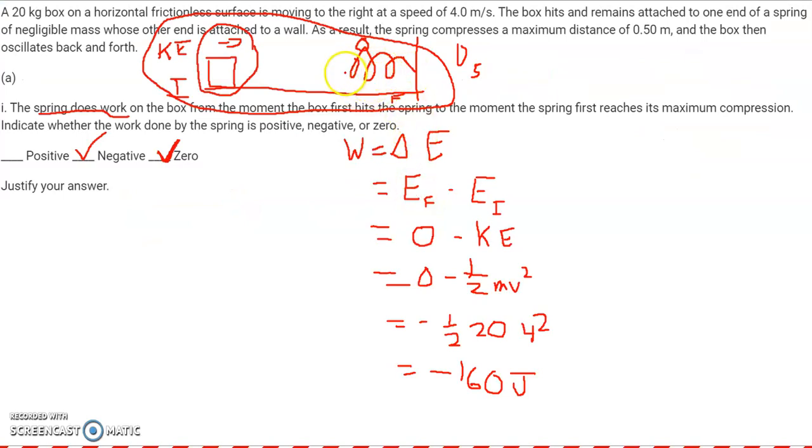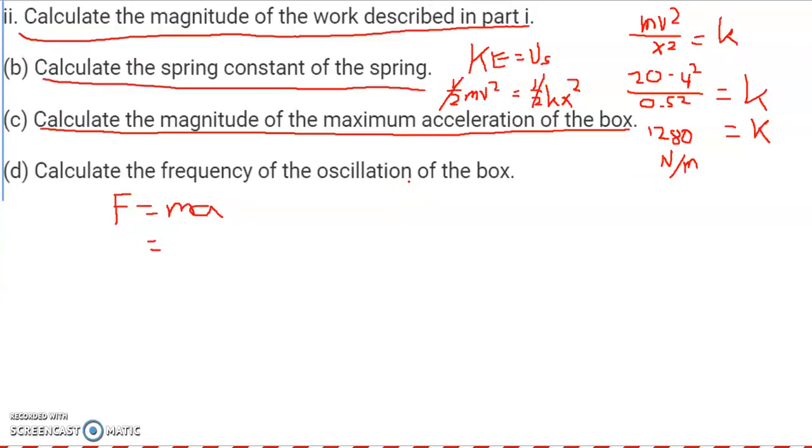It's the spring. Okay, the spring is pushing on the box which causes it to change its velocity. And so, this is force of spring equals ma. And if you remember, the formula for force of spring is kx equals ma.